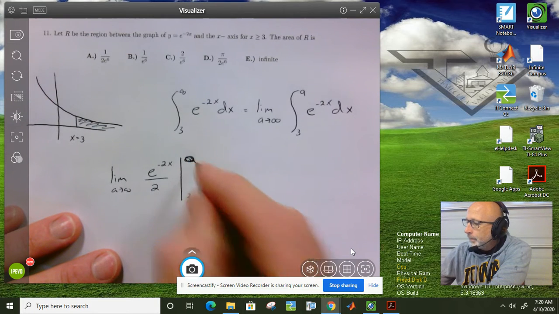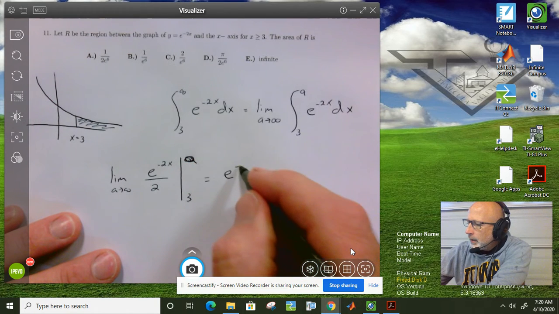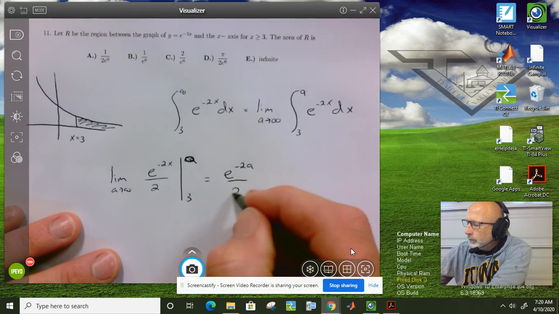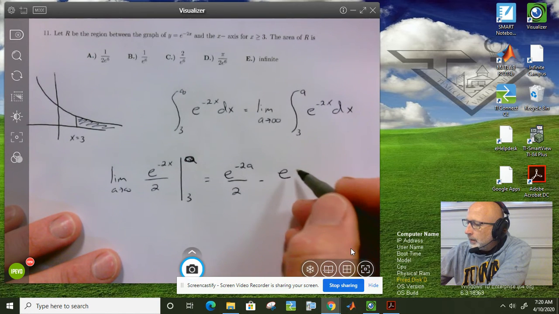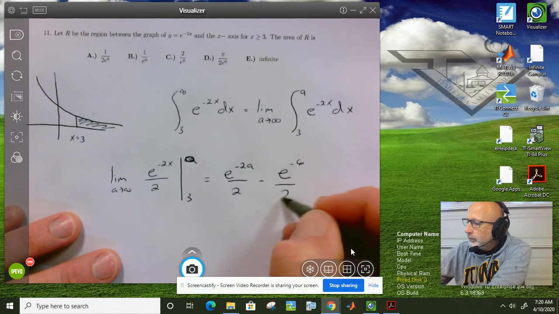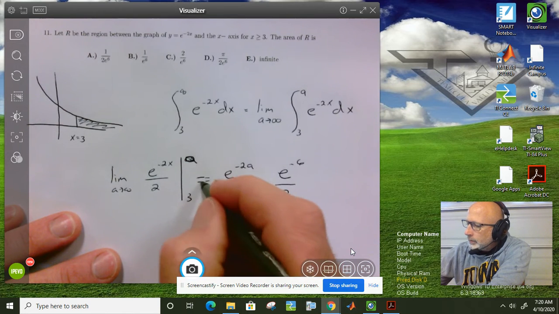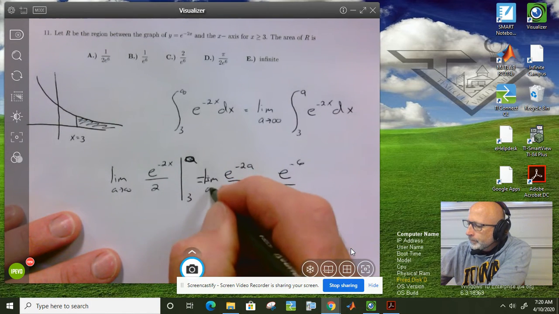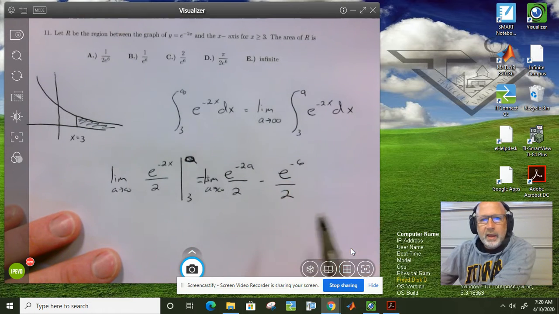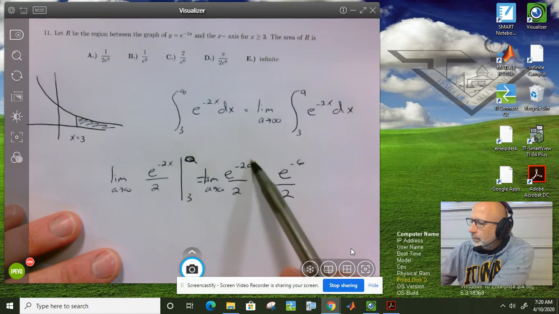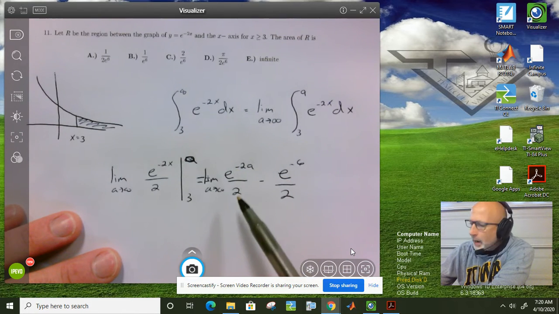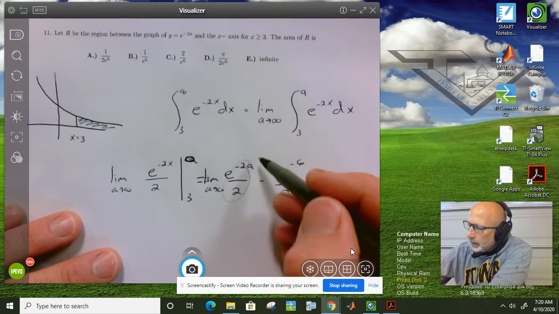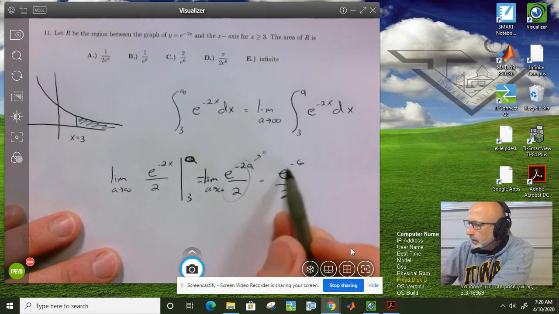Can't plug it in yet. Okay, so this is equal to e to the negative 2a all over 2 minus e to the negative 6 power all over 2. And I'm missing the limit here. Now as a goes to infinity, this is going to get bigger and bigger, but it's a negative, so it's actually in the bottom. So this whole thing is going to end up going to 0.